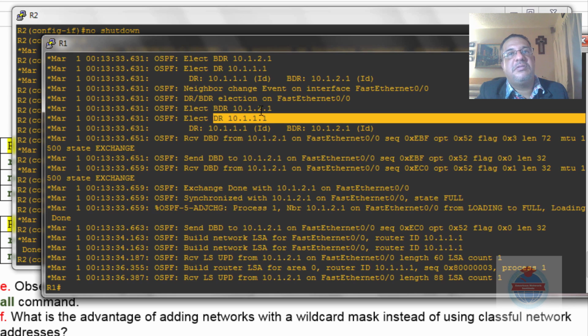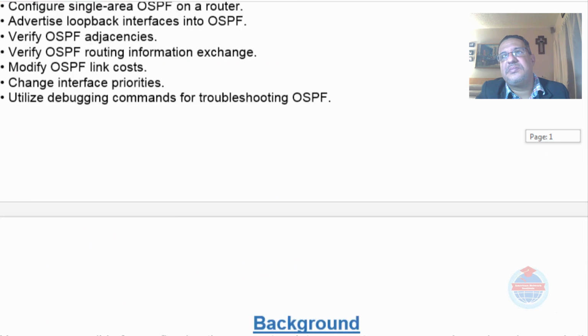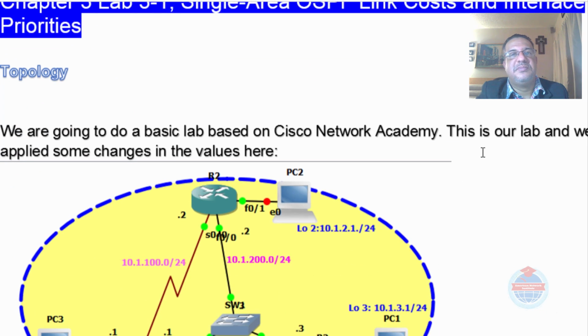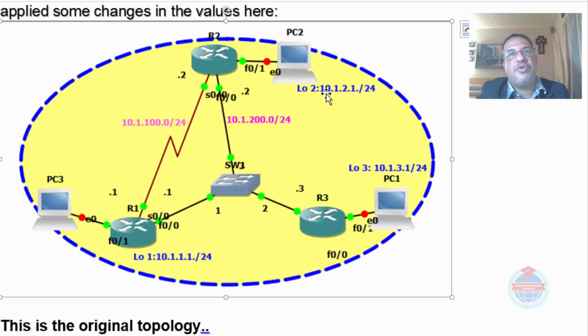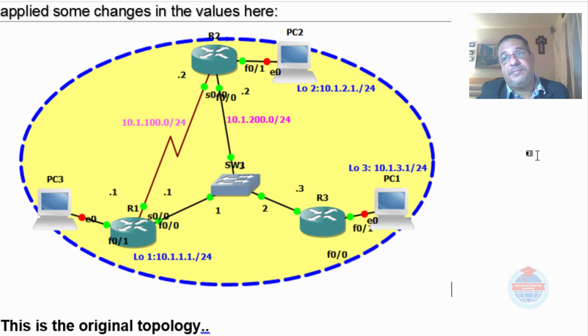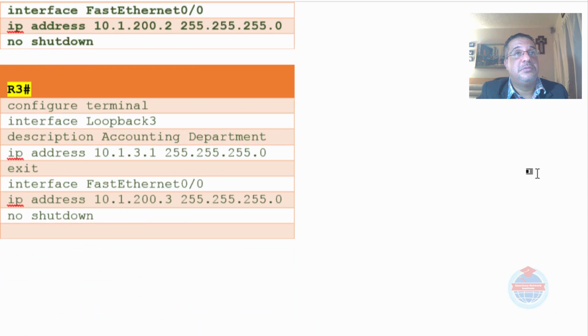BDR is 10.1.2.1. So what numbers are those? Let's double check that right now, guys. It's mentioning that this one is going to be your BDR, and this is going to be your DR, your designated router, and your backup DR. So the information is very useful.